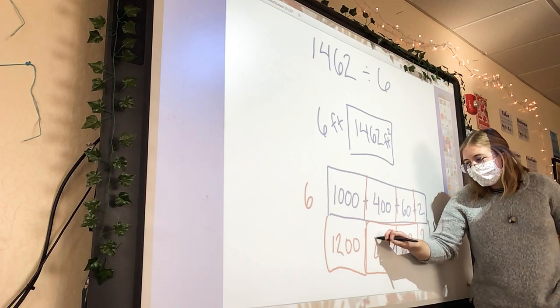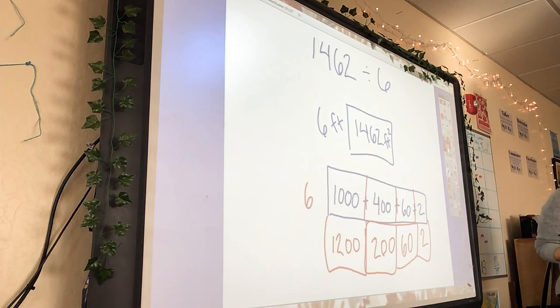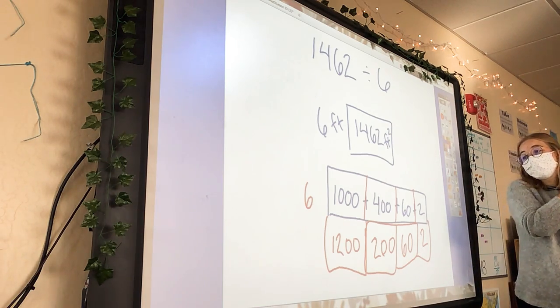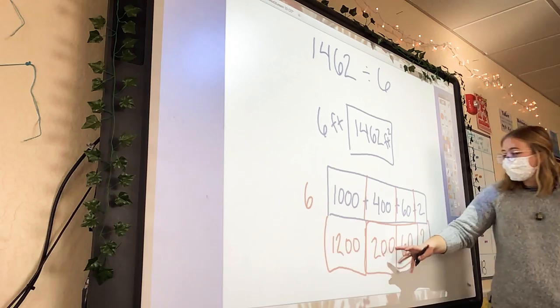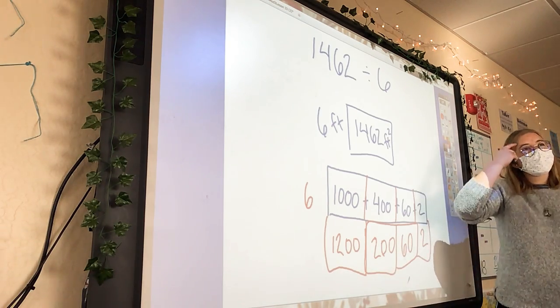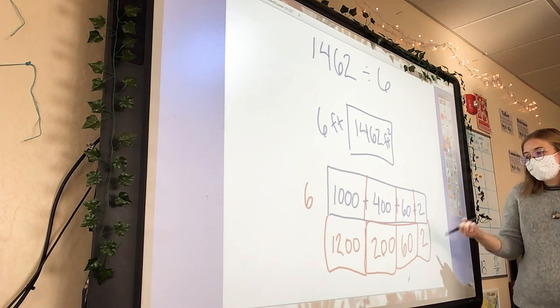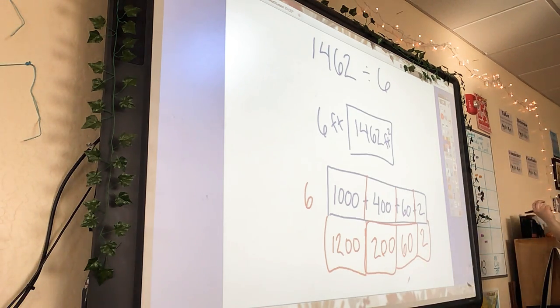Okay. Have you guys ever played Sudoku before? Yeah, a little bit. That's how I feel right now. I'm trying to move my numbers around to see, right? So I could make that 1200, but then I've got to figure out how I can move this around. I'm thinking of my math facts right now. What can I move over here to make it easier to divide?